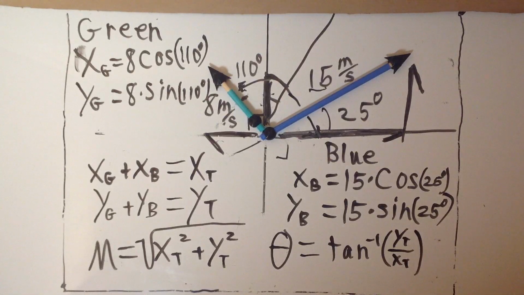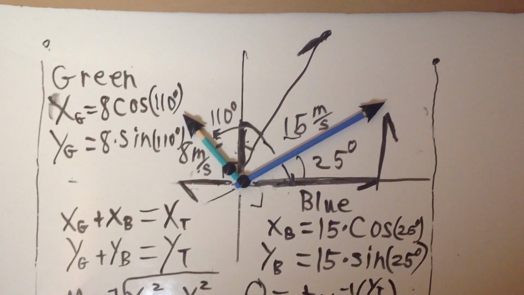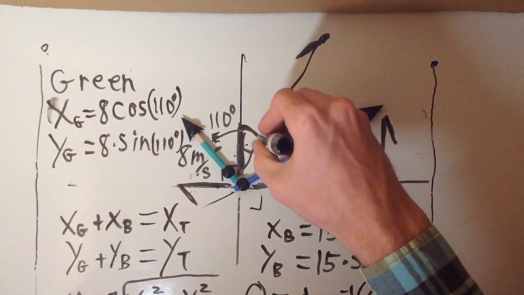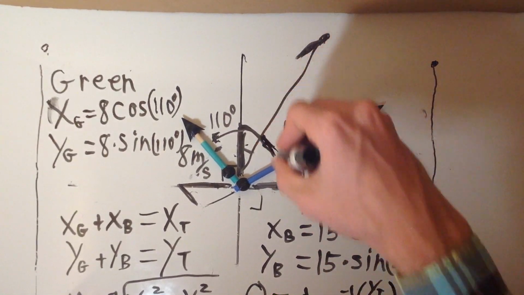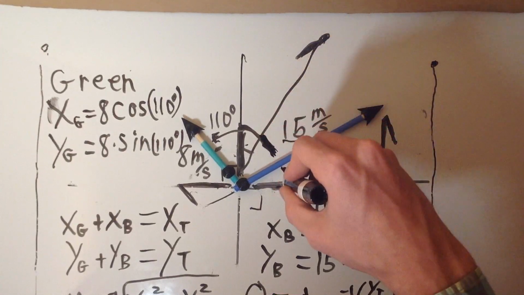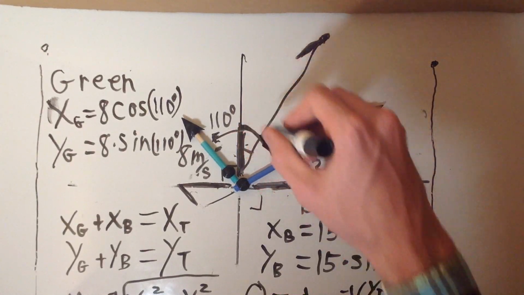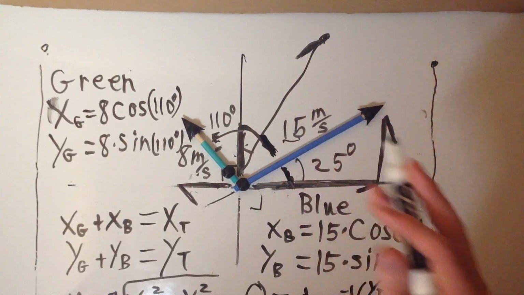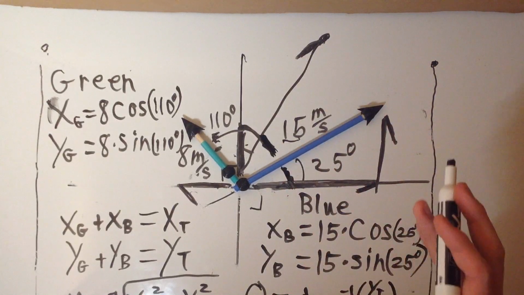Now good news. Let's look back at our resulting vector where we expect it to be. We expect it to be in the first quadrant here. So you should get some angle that's going to be less than 90, greater than 45 most likely. That's how you know you're in the right range.